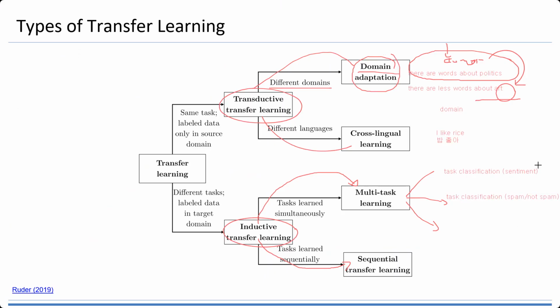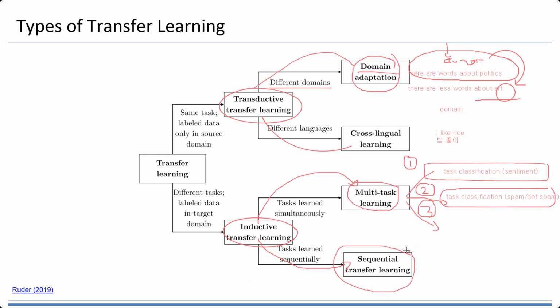The first task is to check whether it is positive, neutral, or negative on the sentiment. And the second task, I want to check whether this same input data is spam or not spam. You can also have another task based on the same input, because this is multitask learning.